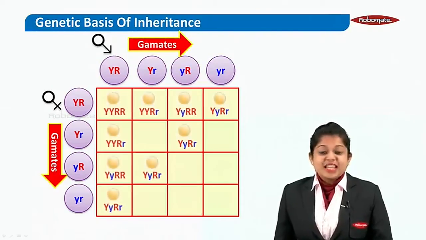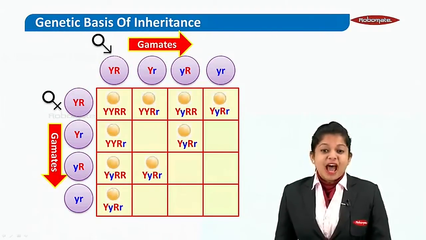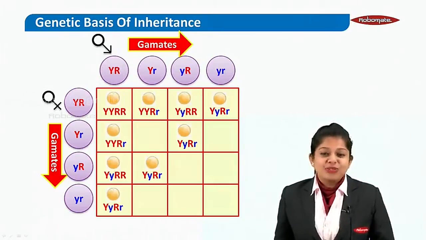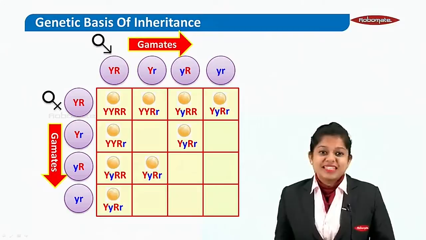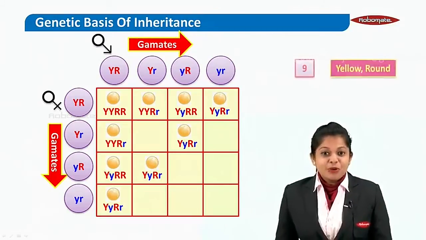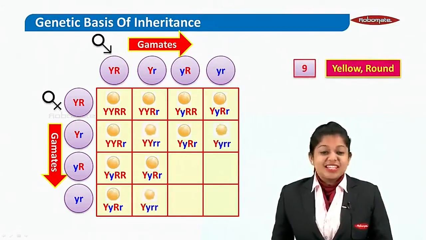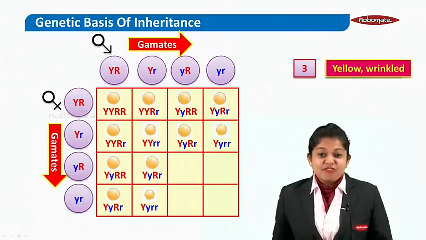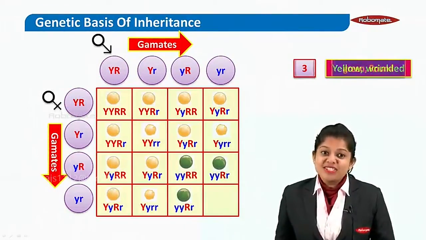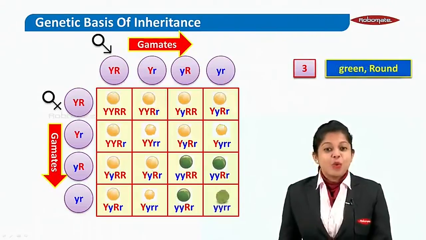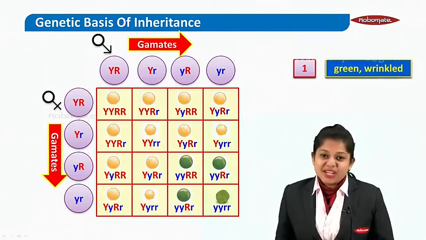So let's see, the first that are forming are all yellow round seeds. There are a total of 9 yellow round seeds produced, followed by 3 yellow wrinkled seeds, which are further followed by 3 green round seeds and the remaining one that is green wrinkled.